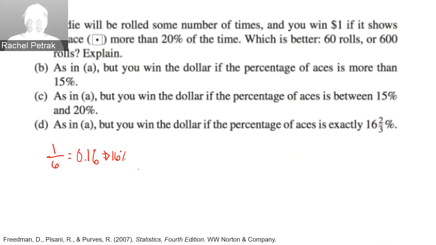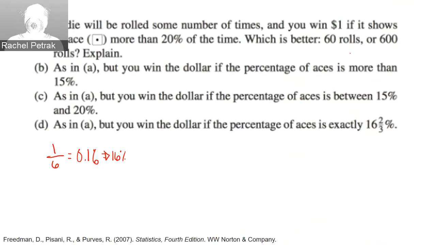The point here with part A is that we have more than 20% of the time. 20% is a score that's above our expected percent, so it's more extreme. So we would want to just do 60 rolls. If we did 600 rolls, the percentage of aces would be getting closer to 16%, so we'd have a low chance of getting that.